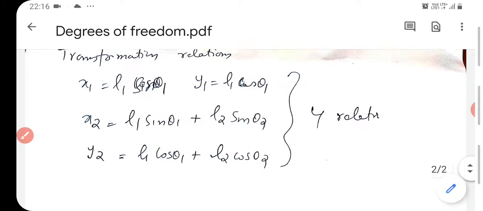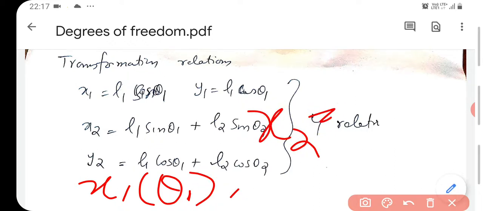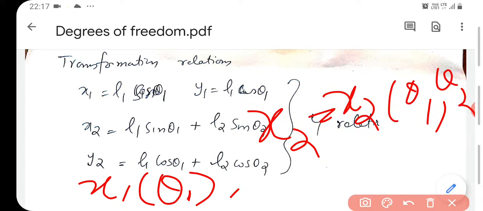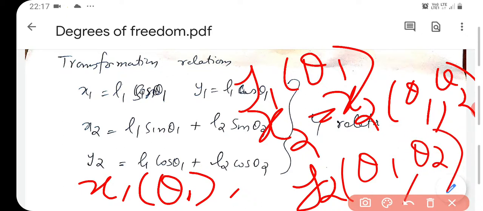So we can write x1 as a function of theta 1 here, and x2 can be written as a function of what? Theta 1 and theta 2. Similarly, y1 is a function of theta 1, but y2 is a function of theta 1 and theta 2.